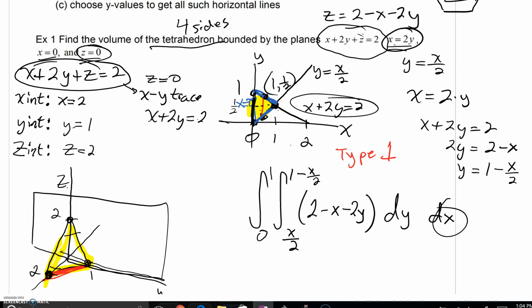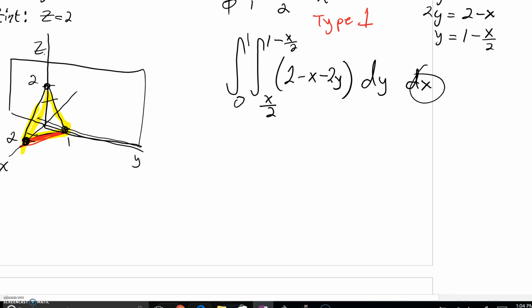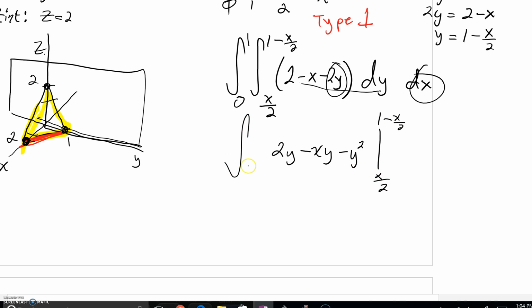All right. Well, then what? The rest of it gets to be pretty much a matter of just crunching these numbers out, right? Getting this all to work out. So we'll take an antiderivative with respect to y. We'd have, well, that's 2y minus xy. What's the antiderivative of a 2y? That's minus y squared. And of course, we're going to plug in our boundaries here and here. You get it.